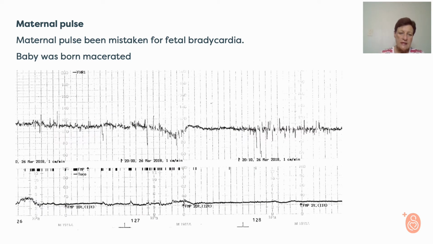You can see here on the graph that the maternal pulse is between 100 and 120 beats per minute. So it looks as if this heart rate that we see here in front of us is 110 beats per minute. There's even a little bit of variability present, and there's even a small deceleration present.